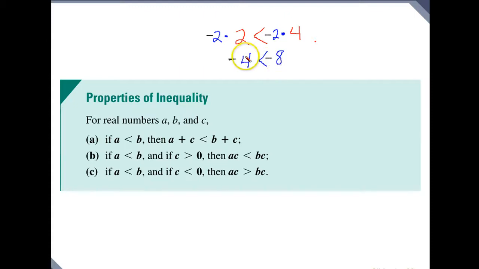And the answer is no. So what do we do when we multiply an inequality by a negative? In order to keep it true, we must reverse the inequality sign. So it's when you multiply or divide through by a negative. That's when you have to reverse the inequality sign to keep the statement true. Okay? And that's sort of what they're describing here.